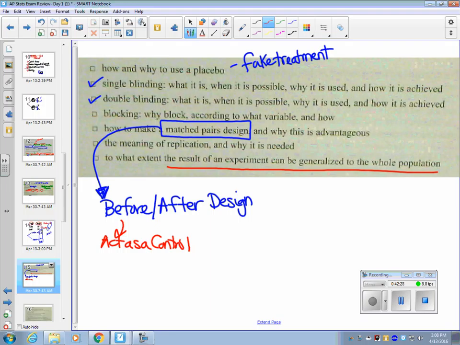If I wanted to generalize to all teenagers, why might taking one experiment from Stonewall students be a problem? Why might Stonewall be different than everybody else? We live in Northern Virginia. Let's start there.